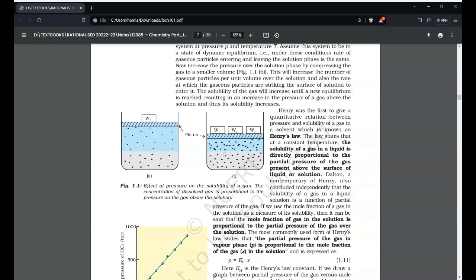Of course they increase and the new solubility will come, and because solubility मतलब the concentration है, अगर ज़्यादा एरिया होगा तो concentration कम होगा, and इसमें you can see that the concentration of the particles becomes more per unit volume, so thus the solubility increases.